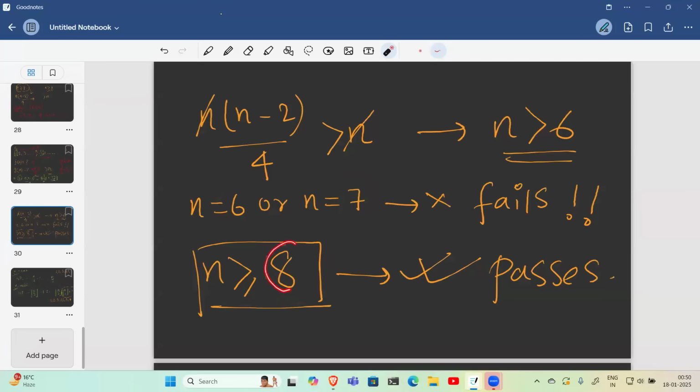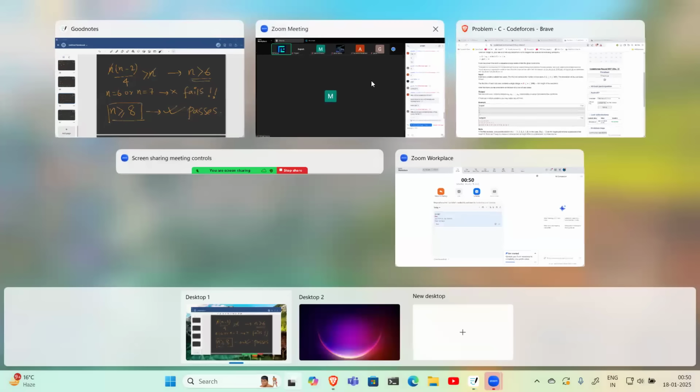For n equal to 8, the value came 12, so for 9 also the value will come 12. For 10, you can again look at this formula: 10 into 8 by 4, so that will be 20. It will be quite a bit larger than 10, and it will work. So is that clear?